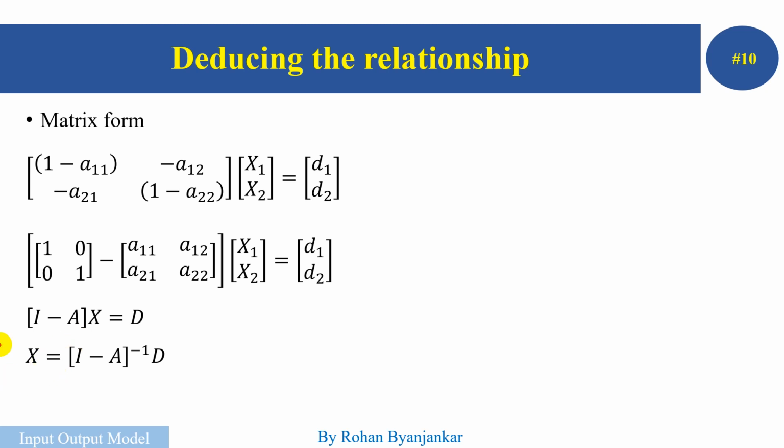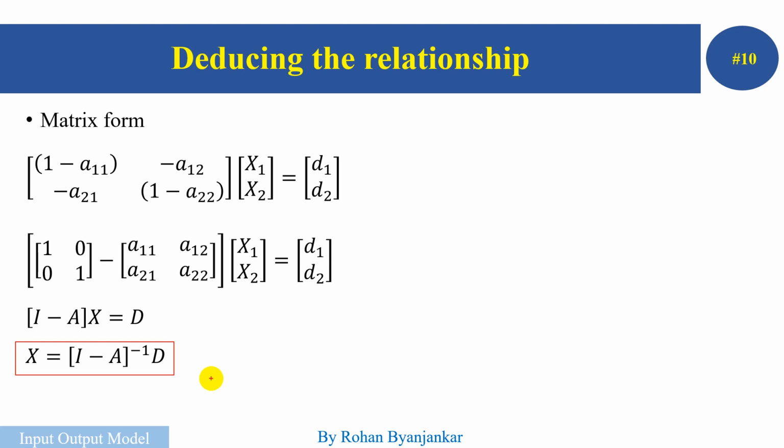We will arrive at our basic input output relationship, which means that x equals (I minus A) to the power minus 1, the inverse of the matrix, times d.